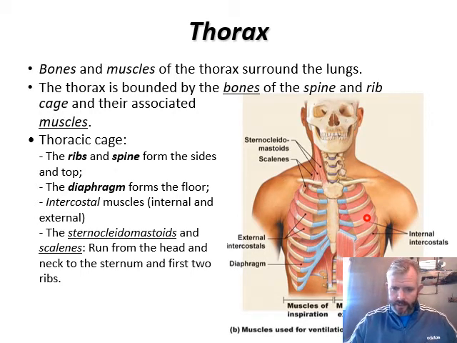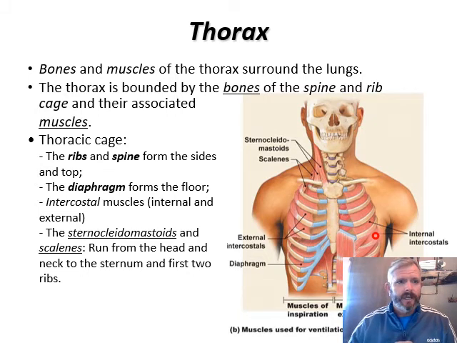But again, the lungs are housed in this thorax, and we're going to see they're tethered to the walls, tethered to the diaphragm, and tethered to the walls here, the rib cages, right? So if we're able to move the rib cage and move the diaphragm, the lungs are elastic and are going to stretch with it.